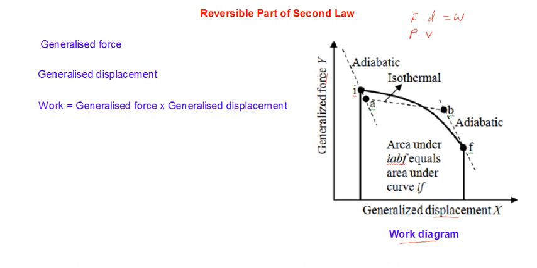When you multiply pressure into volume, you can check it by yourself dimensionally, the dimensional formula of pressure into volume is nothing but that of work done. Of course, you remember that we calculated the work done during a thermodynamic process by calculating the area under the PV diagram. That itself says that the PV diagram is nothing but a Vogt diagram. So that is a specific example that we are familiar with.